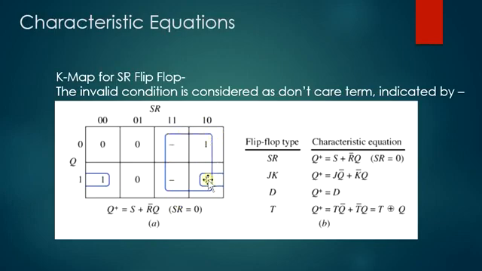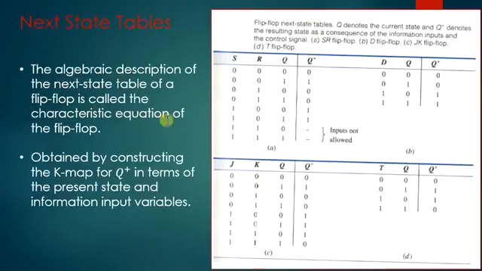This particular group of the 4 variable Karnaugh map will give me the expression S, whereas this group will give me the expression R bar Q. In a similar manner, we can obtain the various characteristic equations for JK flip-flop, D flip-flop and T flip-flop from the function table that I have indicated here.